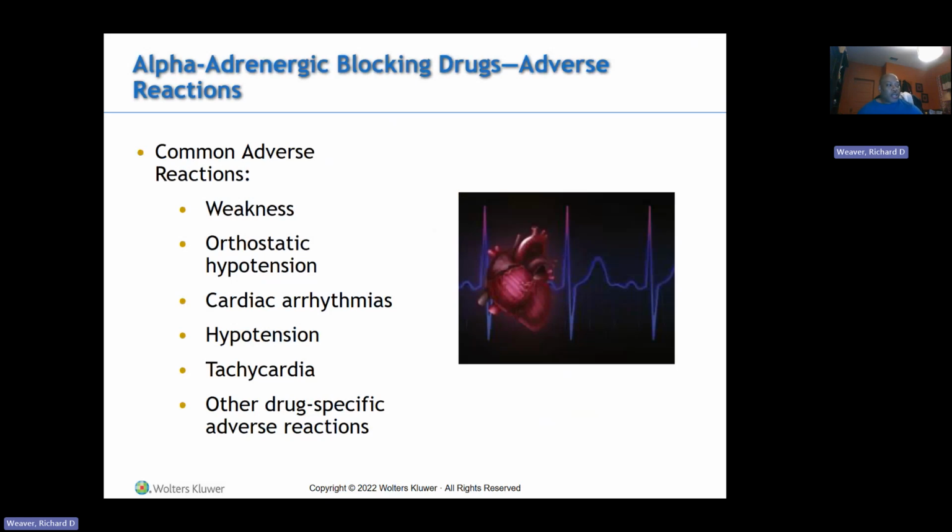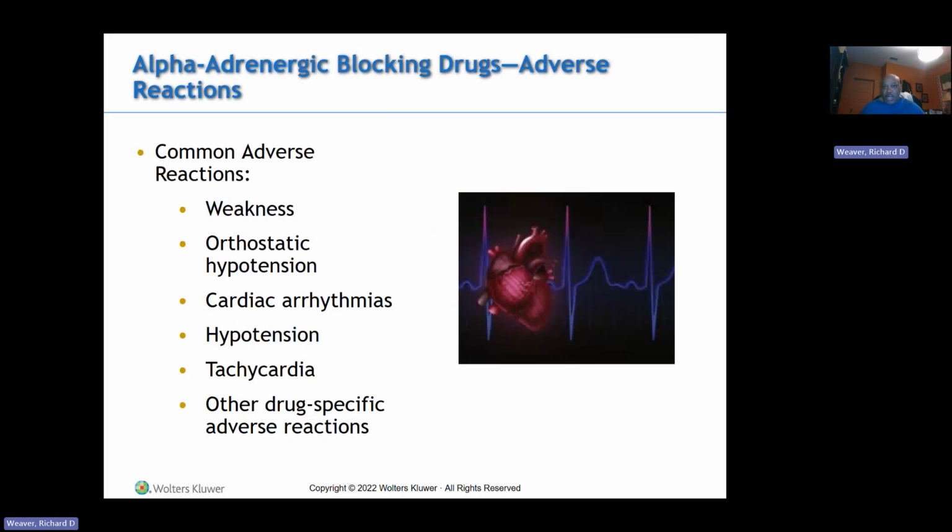These drugs also cause cardiac arrhythmias, abnormal heart rhythms, and hypotension, the regular hypotension that doesn't involve the three positions where we take the blood pressure. It can also cause tachycardia because once that blood pressure drops, let's say somebody goes into hypotension, then the heart rate will try to increase as a compensatory mechanism in order to get more blood flow out into the body.